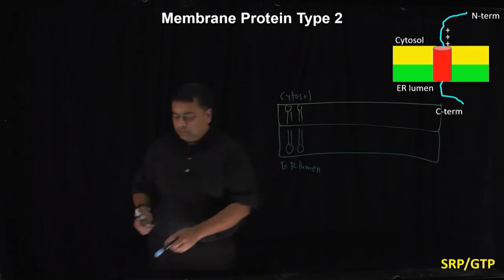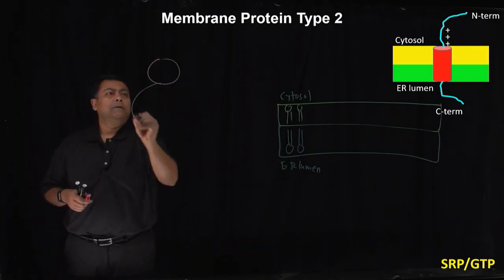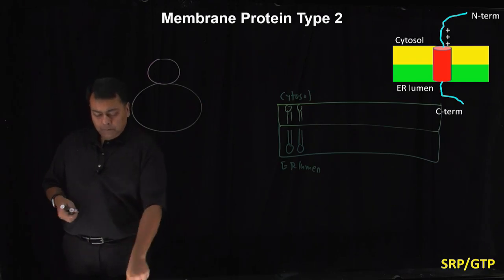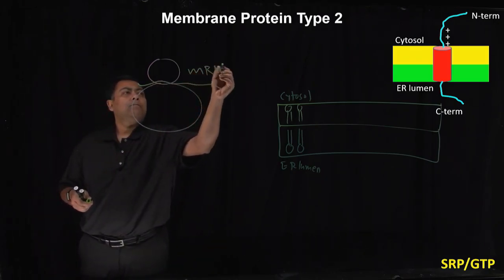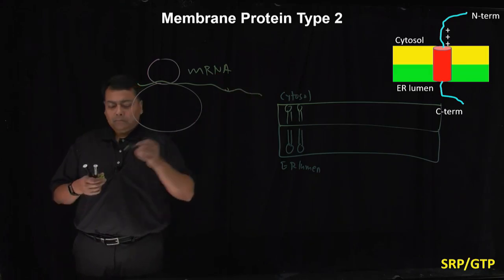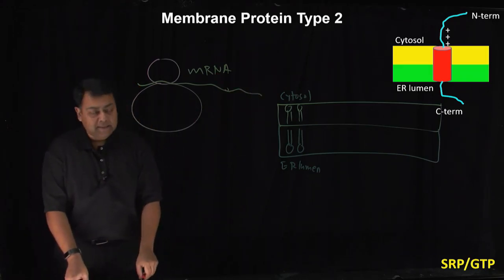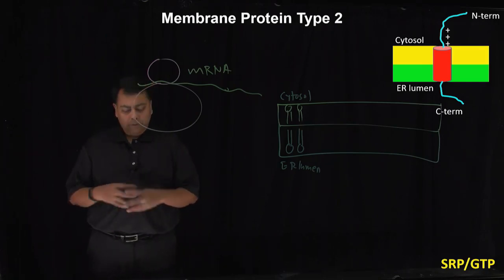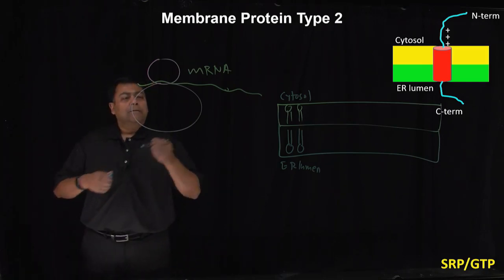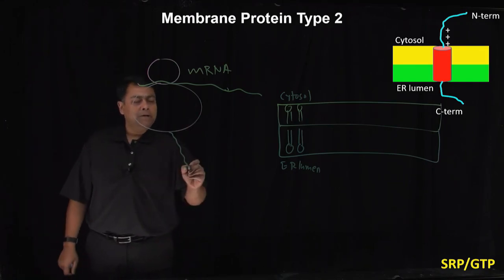So now what is happening right here is the same way. You have the ribosomal subunits, you have the mRNA, and you have the protein trying to get synthesized.